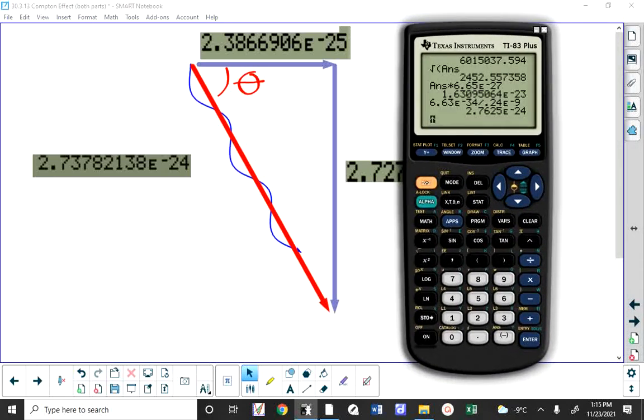I'm going to take the inverse cosine of the adjacent side divided by the hypotenuse.